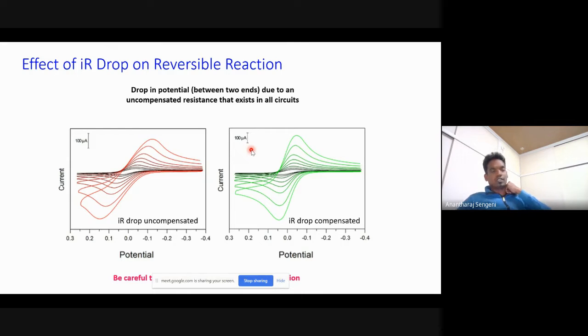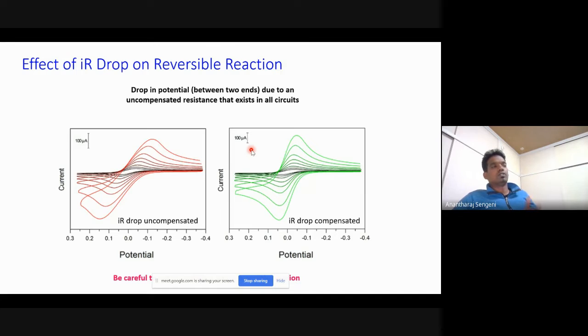So IR drop is not only from the solution resistance. You must understand this, because solution resistance is the major contributor, but it is not the only thing contributing to the overall resistance existing in the circuit.